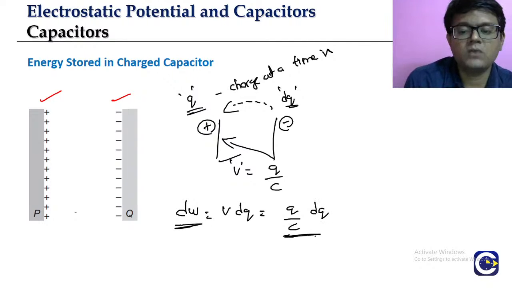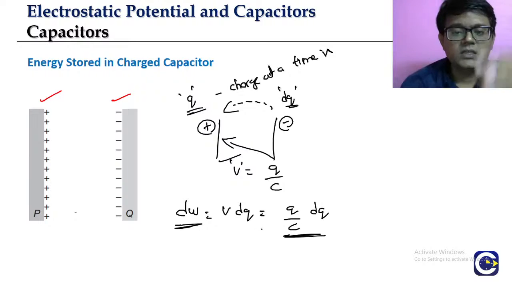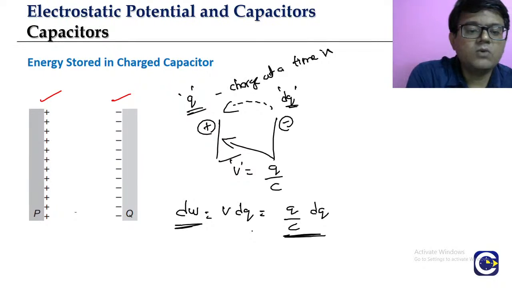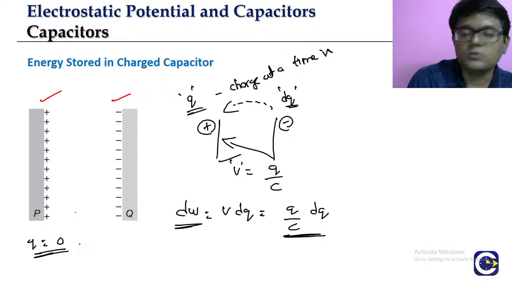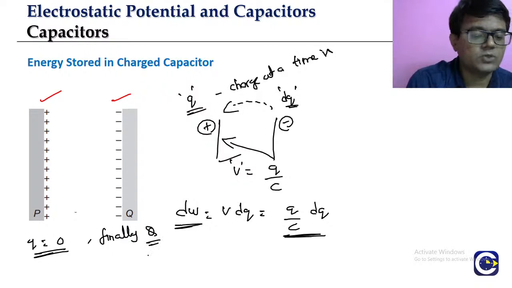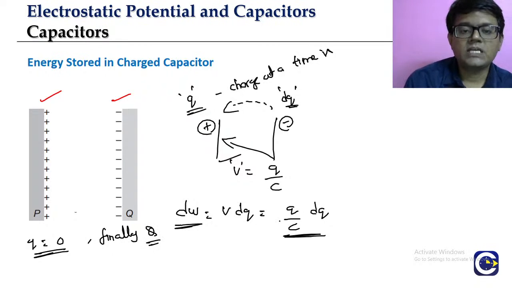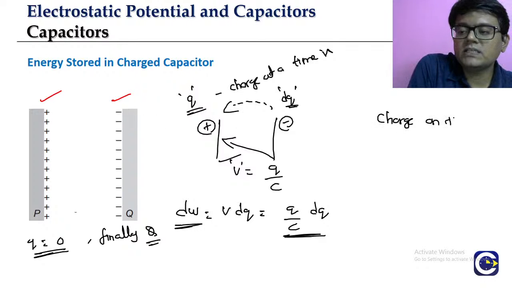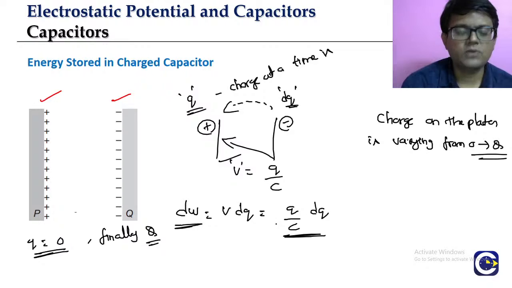This is the small work we do in moving that charge from the negative plate to the positive plate. In the overall method of charging, initially the charge is 0. Finally, let us say the charge on the plate is capital Q. So the charge on the capacitor plates varies from 0 to capital Q, the final amount of charge.